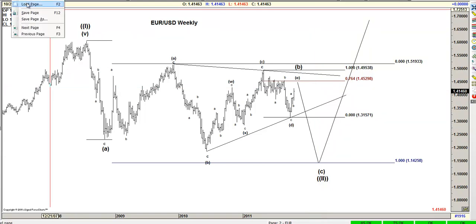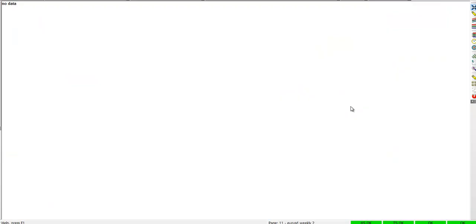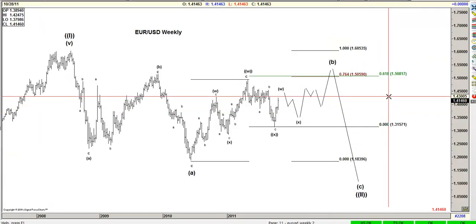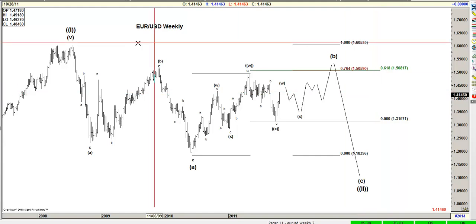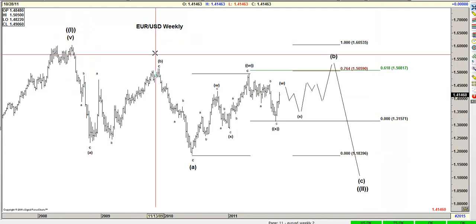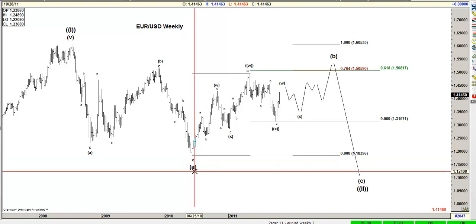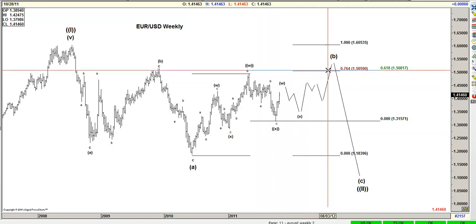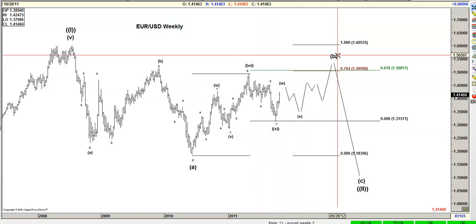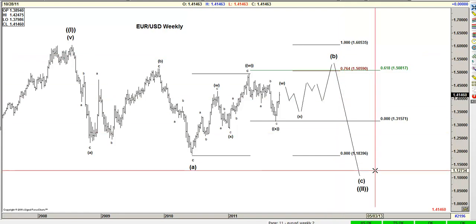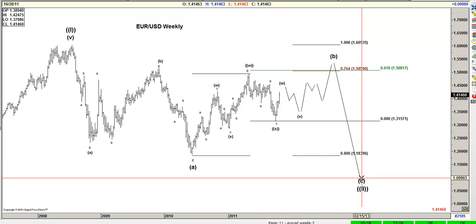Now, what else can we see within the euro dollar? The second scenario is the one that goes with the diagonal in the euro. When we have A, B, C, three-way, this can be W of A, B, C. Three ways, this can be S or V, and then the Z way can be either a 5-way or a 3-way move.